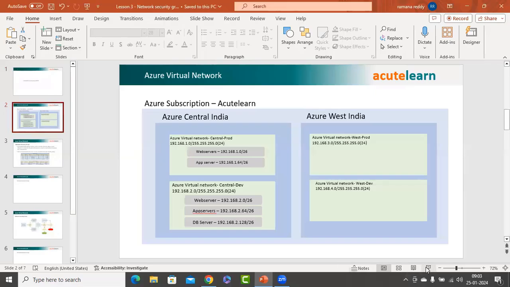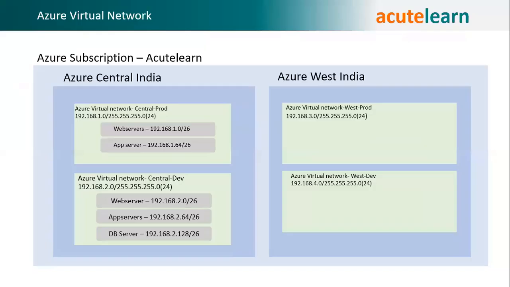As we understood in the last lesson, within the Azure subscription, we can have multiple virtual networks. Under a region, we can have multiple virtual networks.